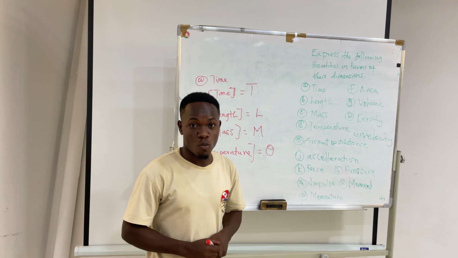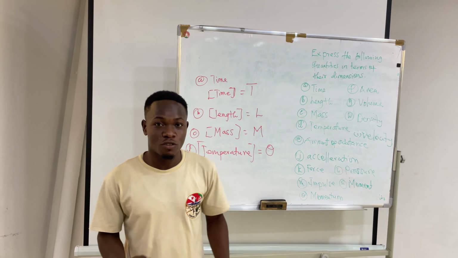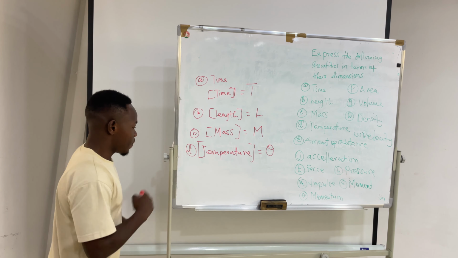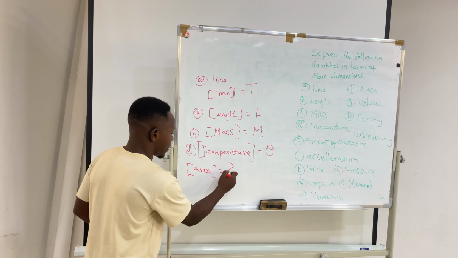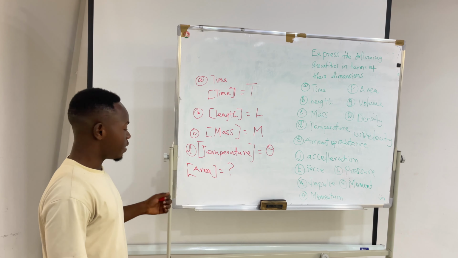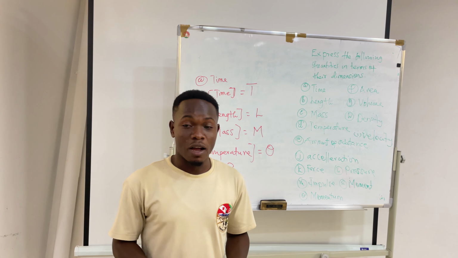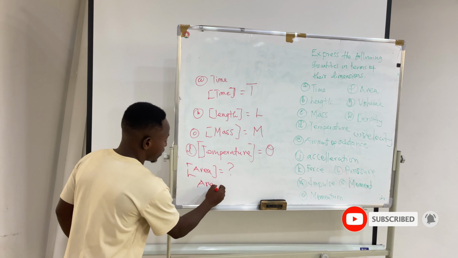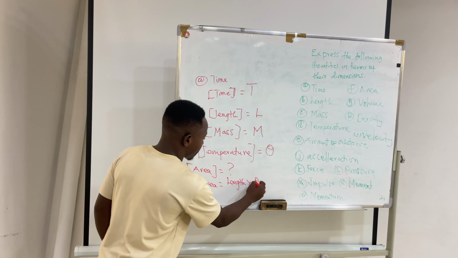So let us begin with our first physical quantity. Let's take area. We are going to express area in terms of its dimensions. What are the dimensions of area? To be able to do that, you first need to know the formula for calculating area. Area is equal to length times breadth.